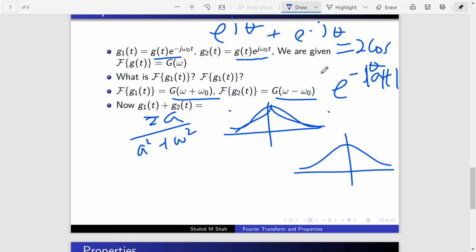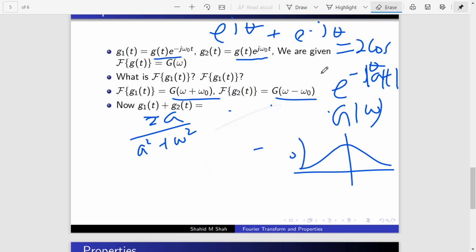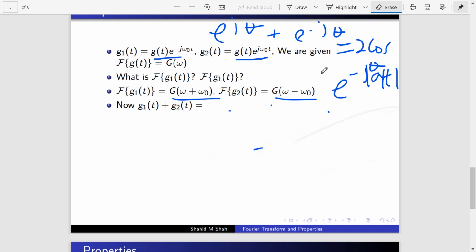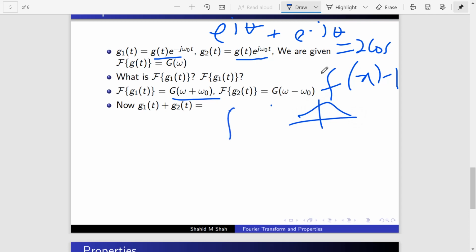Okay. Now if this is g of omega, what does g of omega minus omega naught mean? It means we have to shift frequencies by plus omega naught, right? बेसिक फंक्शन प्लॉटिंग प्रॉपर्टी आपको पता है कि अगर आपके पास f of x है, right? Suppose f of x is something like this. What will be f of x minus suppose 2? So आप ये सारा जो है इसको 0 से 2 पे शिफ्ट कर लो. So this will be f of x minus 2.